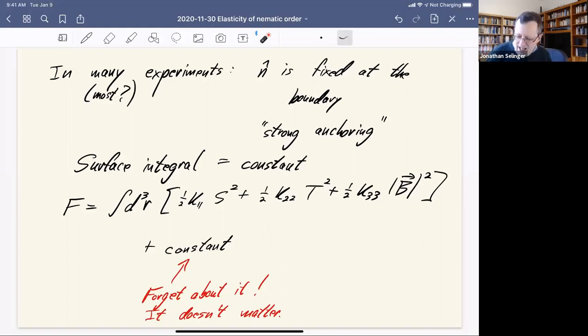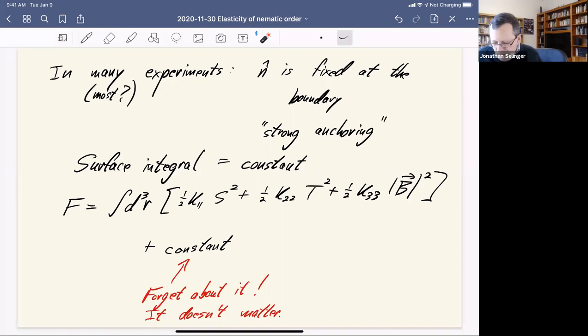But I at least wanted to give you this perspective about what happens to these other deformations, right? And that there are, in fact, the 4 modes. There's the splay, twist, bend, and the delta mode, which goes into saddle splay.